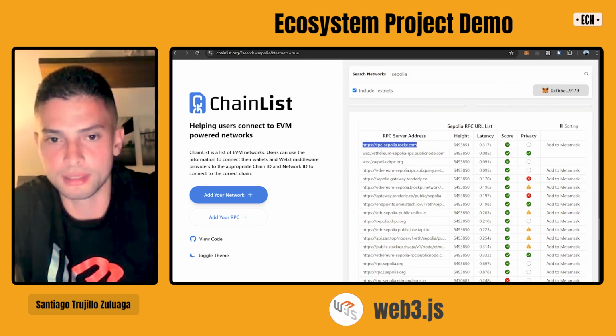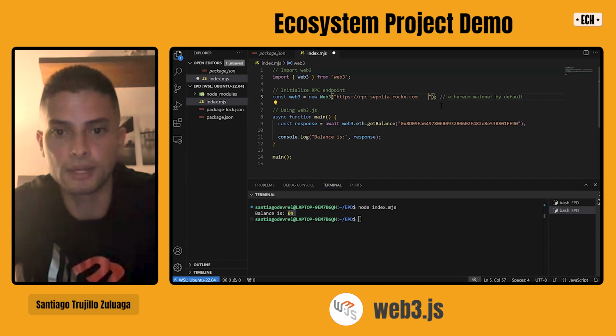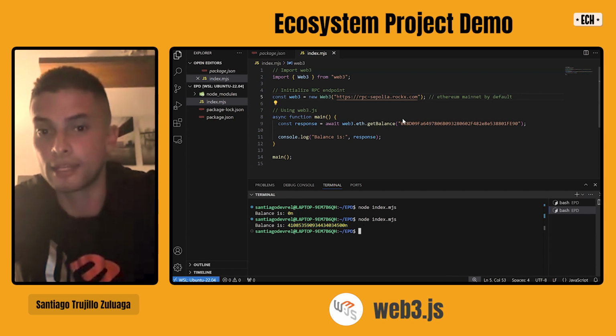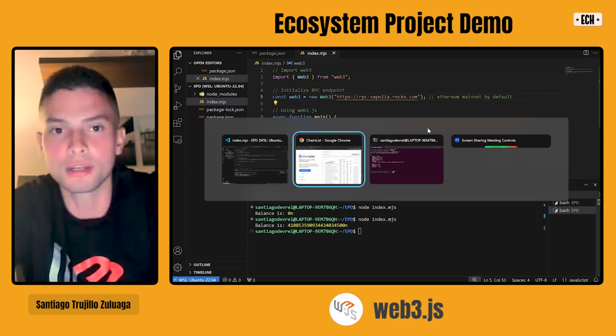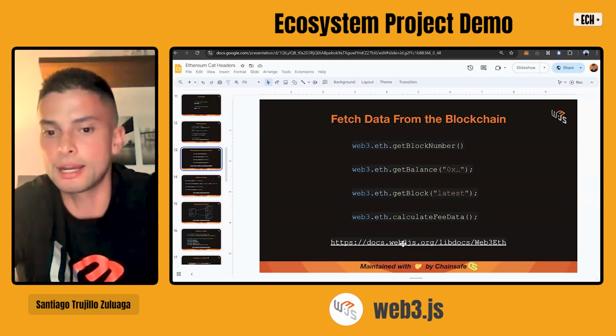I can get this. So now if I change this, instead of interacting with Binance, now interacting with Sepolia, and then rerun this, you can see that my balance in Sepolia testnet is this huge number here for 110 ETH. And yeah, this is how we can fetch data from the blockchain. And then you can also check other methods like getBlock or calculateFeeData, etc.